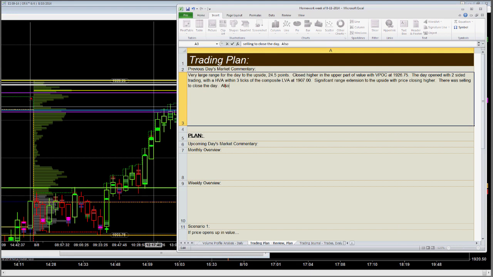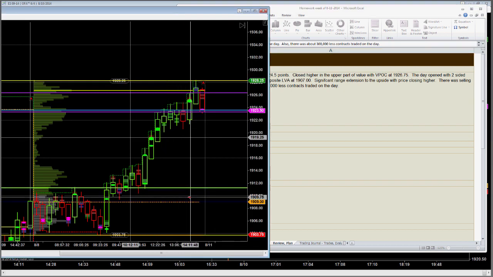The other thing, also, there were about 300,000 fewer contracts traded on the day. So then I'm going to talk about the low volume area.